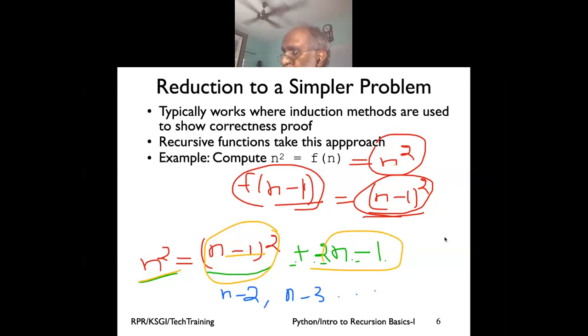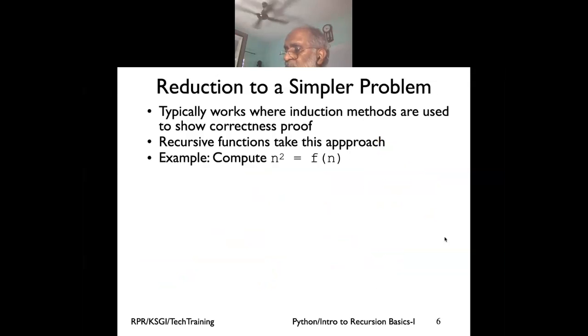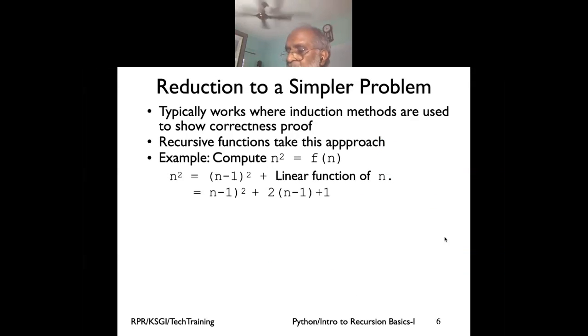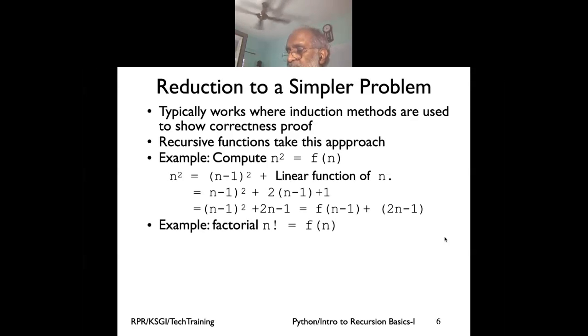So let's look at how we solve this problem. Let's say I need to compute this, and keep doing it, and I'll get my answer. Same, we look at factorial n. If I know factorial n minus 1, if I know this answer, how do I get factorial n?